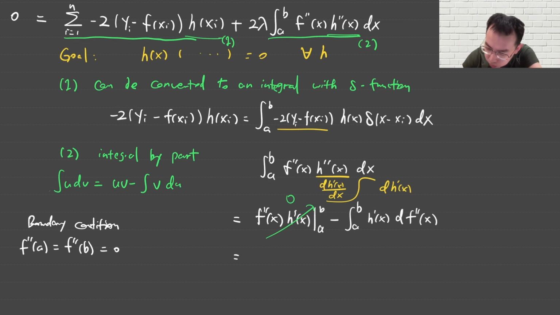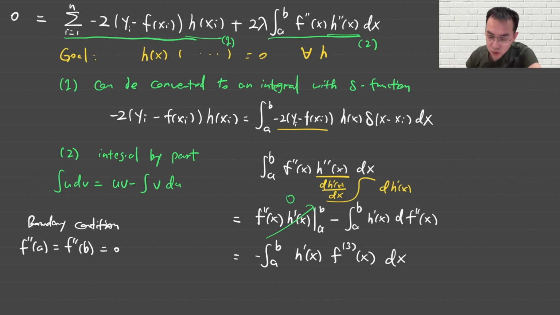Let me rewrite what is left as the integral from a to b of h prime of x times f third derivative of x dx. Now we just apply integration by parts one more time by combining these two into d h of x.